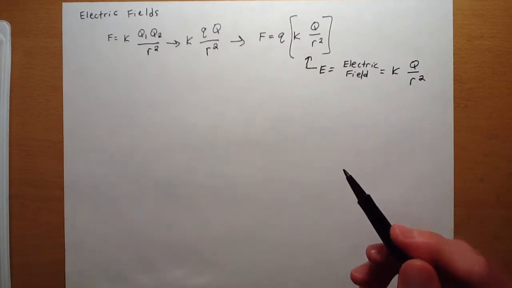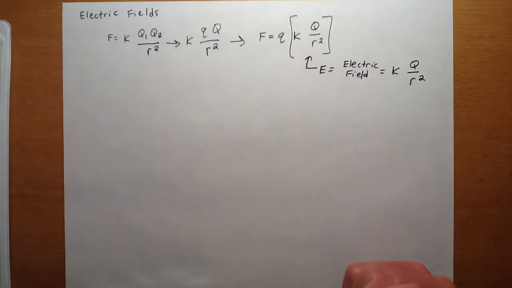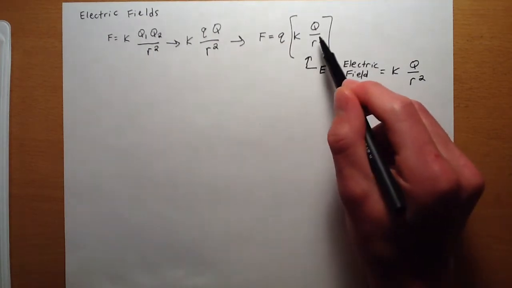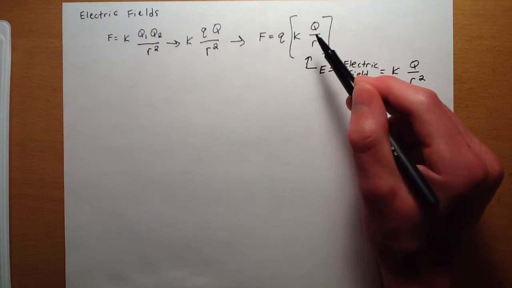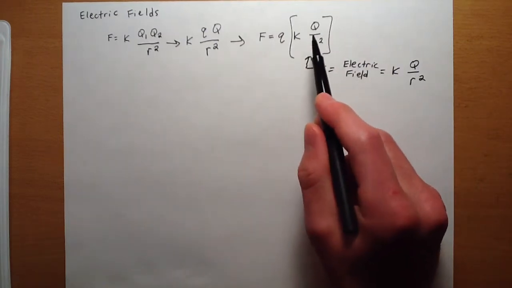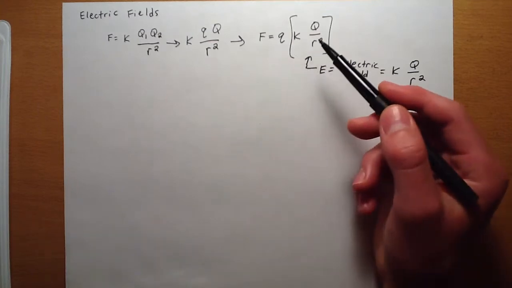What the electric field represents is the force that a charged object is going to experience if it is placed near the charged object of charge Q. And this is going to be dependent on the object we place in Q's path, which is little q.